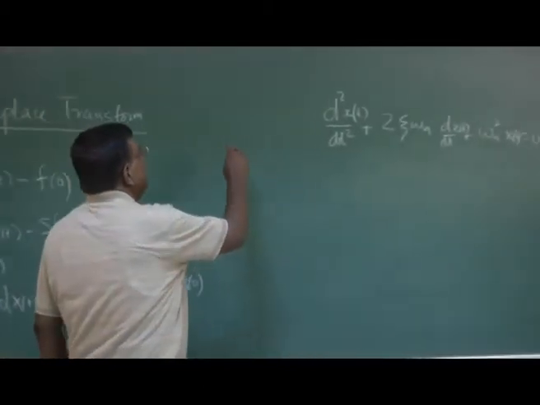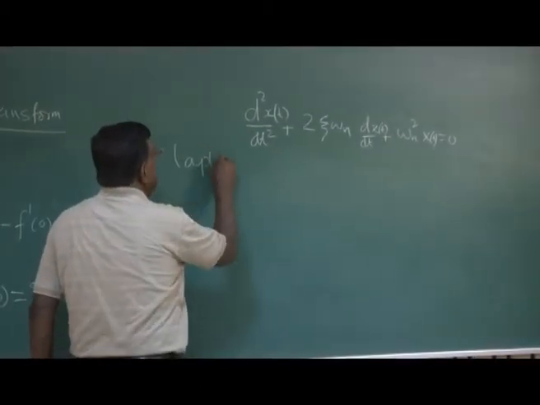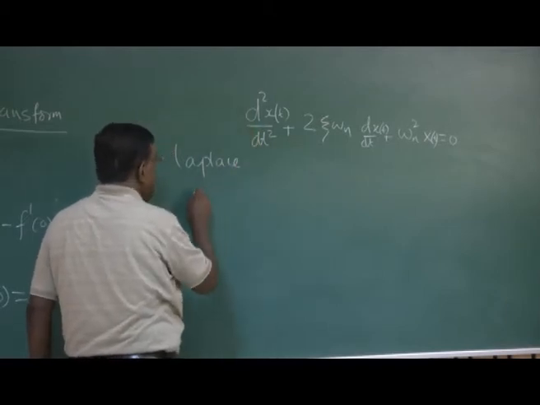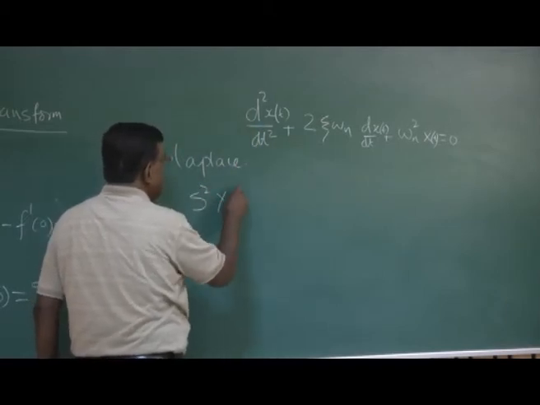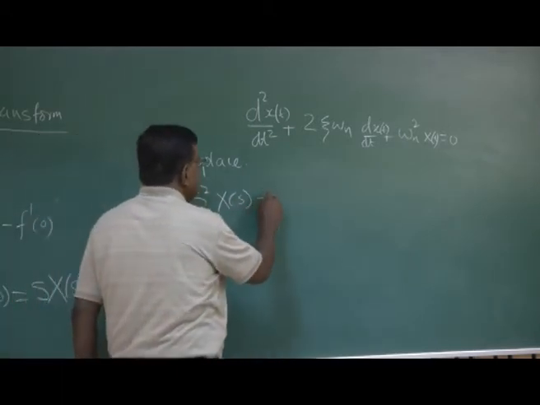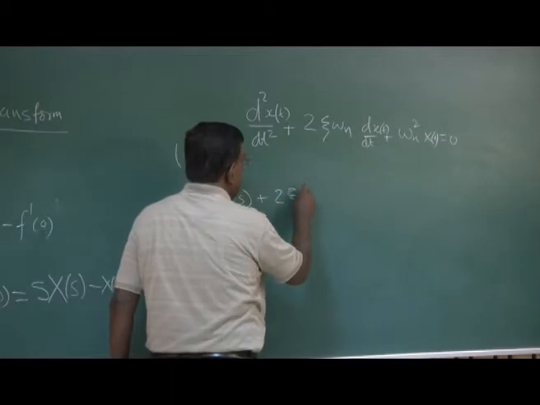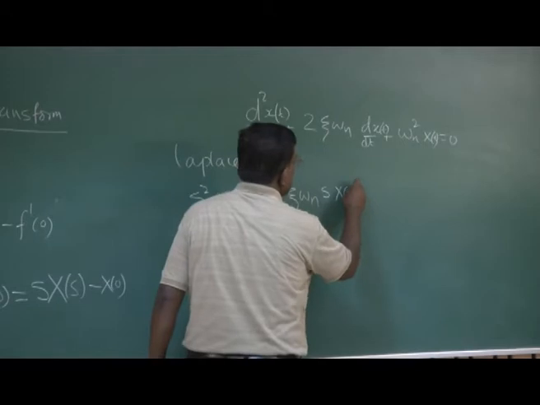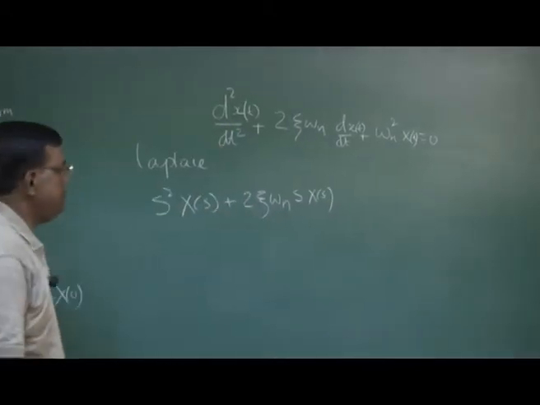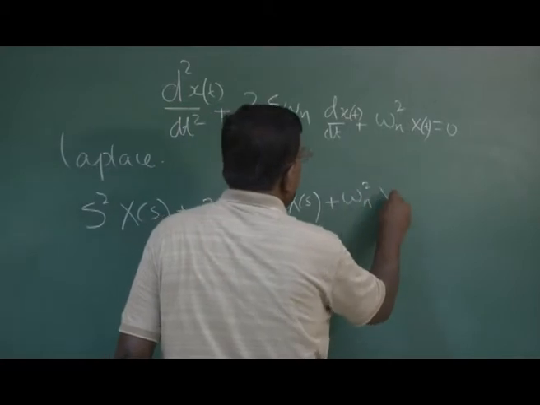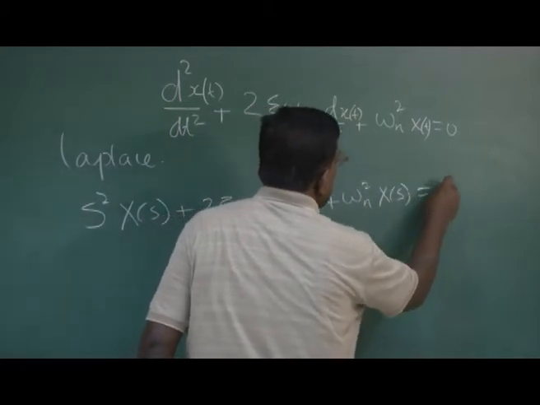If I take a Laplace transform on both sides, so this is x double dot, it will be s square x of s plus 2 zeta omega n s x of s, because this is x dot, plus omega n square x of s. This is equal to 0.